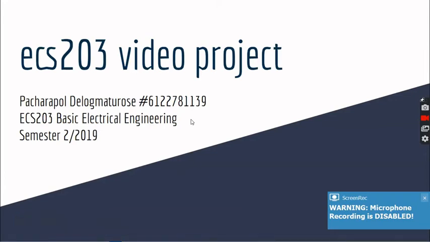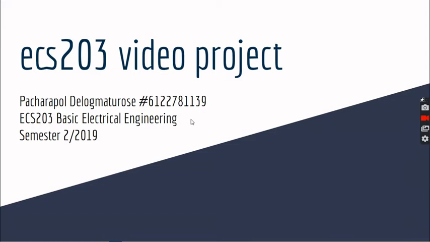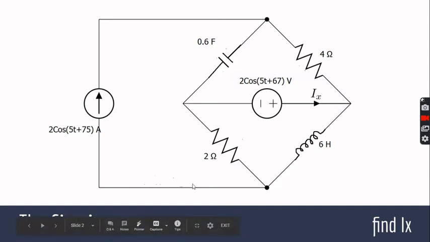Today we'll look at another example of basic electrical engineering and see how we're gonna solve it using the knowledge we've learned from this course. So this is our circuit. If you look carefully, you see that the two sources, the current source and the voltage source, are in this specific form, the phasor form.